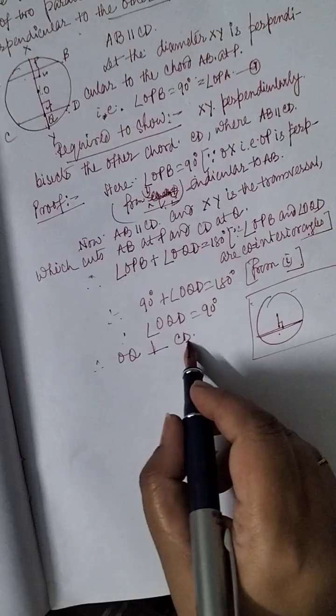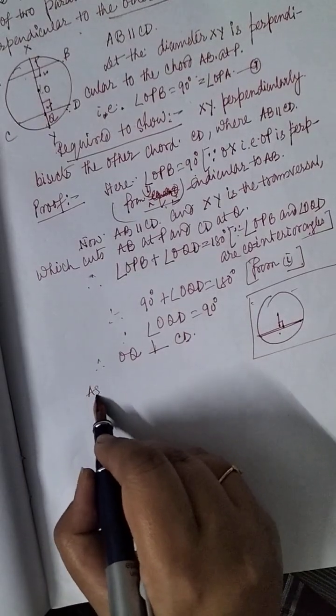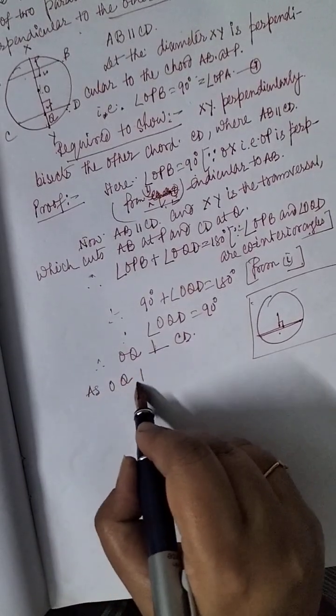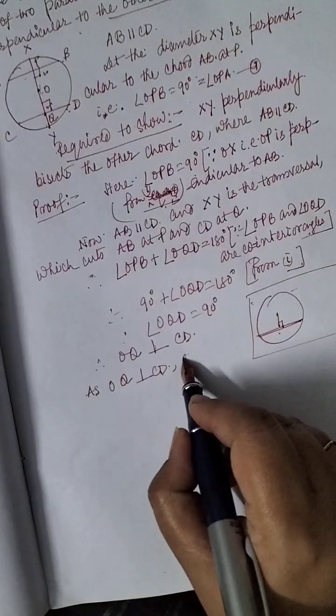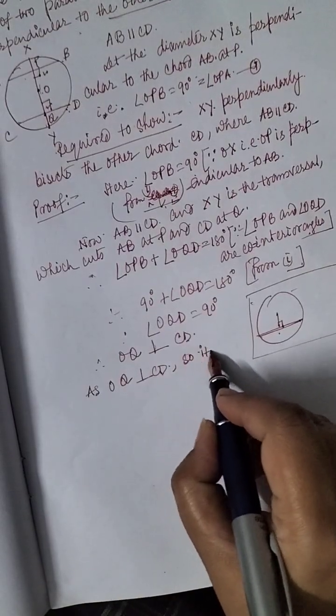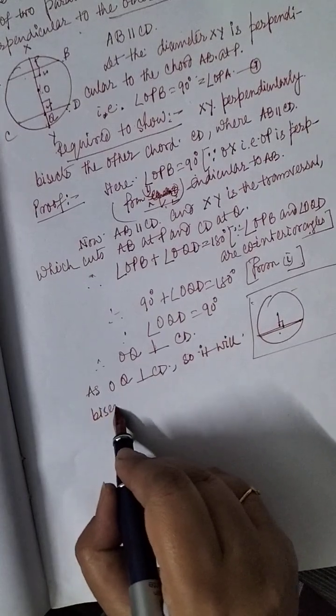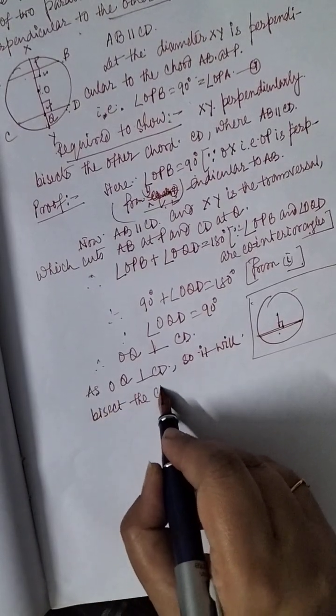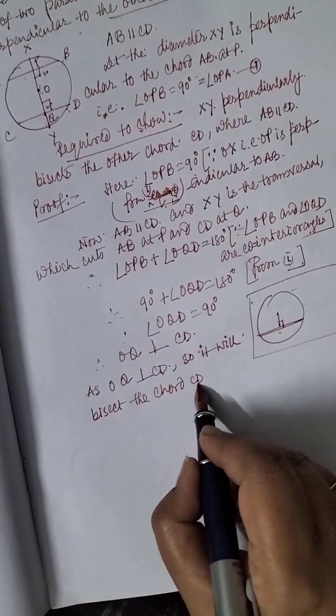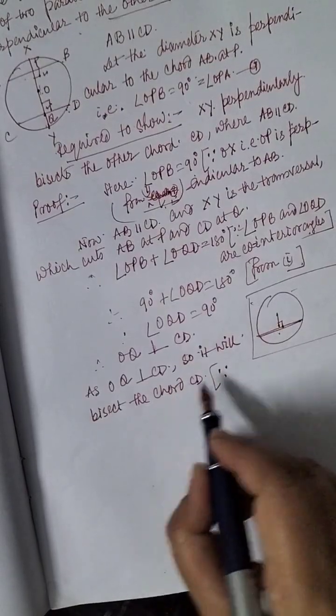OQ is perpendicular on CD, as OQ is perpendicular on CD, so it will bisect the chord CD. What is the reason?